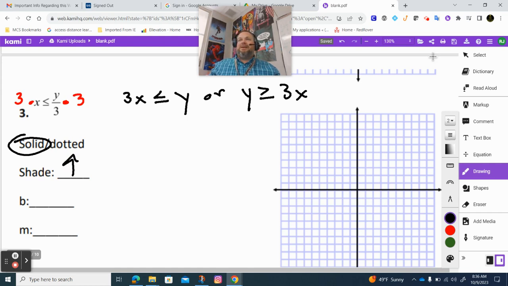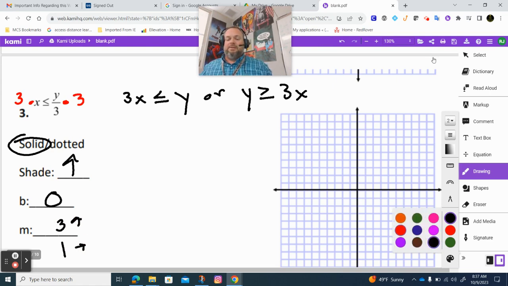What's our number without x? 0. Yeah, we actually had multiple zeros. And our slope, or m, is going to be 3 over 1. All right. Over 1, 1, 2. Whoop.